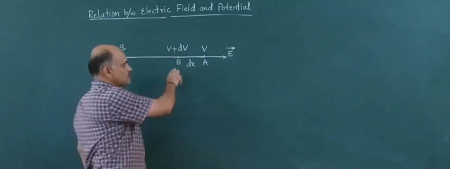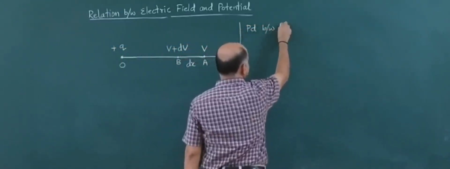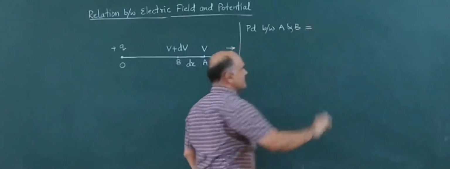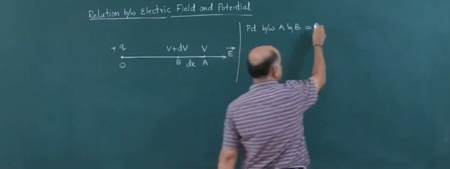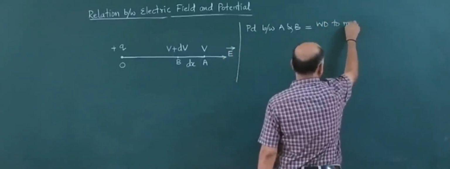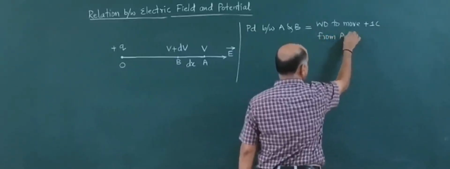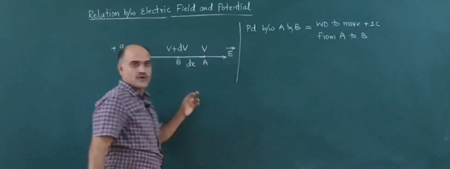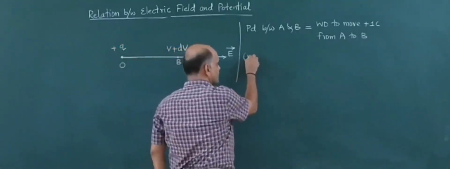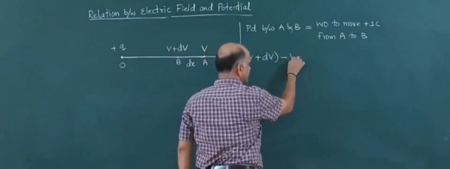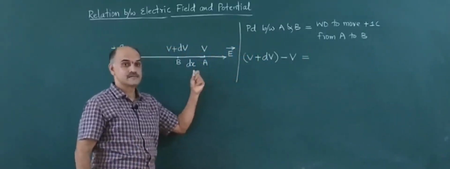Now by definition, potential difference between points A and B is equal to work done to move one coulomb from A to B. So potential difference between these two points, final minus initial, I can write V plus dV minus V is equal to work done, which is force into displacement.